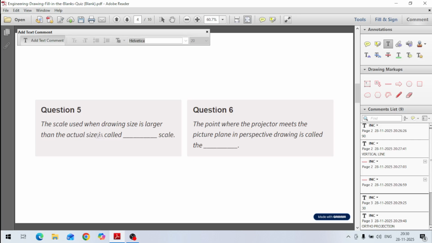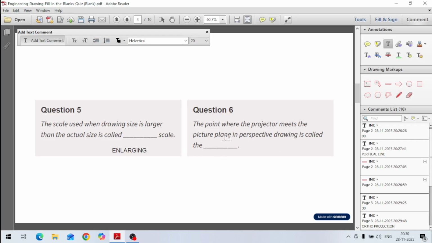But in this case, it is an enlarging scale.